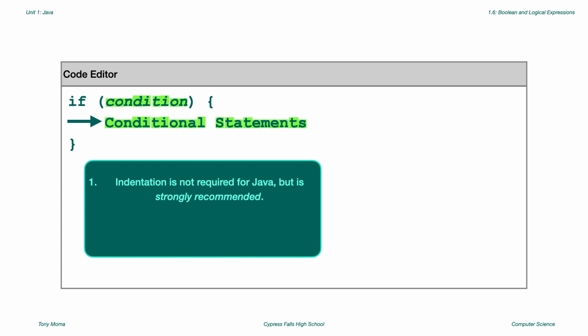Trying to find an error in a program that doesn't use any indentation is almost like trying to find your homework in a binder that's completely messy and unorganized. So, while Java will not force you to indent conditional statements, it is strongly recommended that you do so. The second thing to note is that curly brackets are only required if there are two or more conditional statements. If you only have one conditional statement, then the curly brackets are optional.